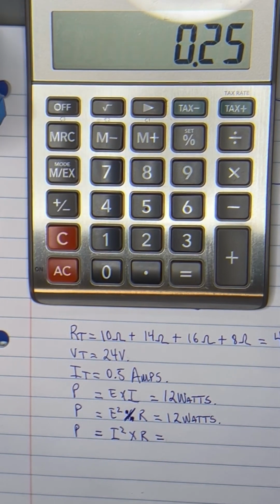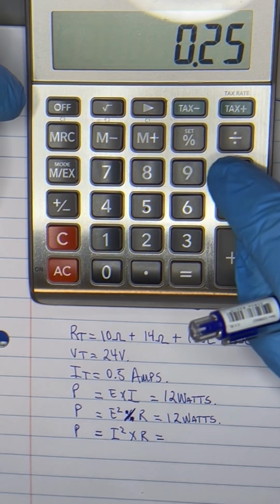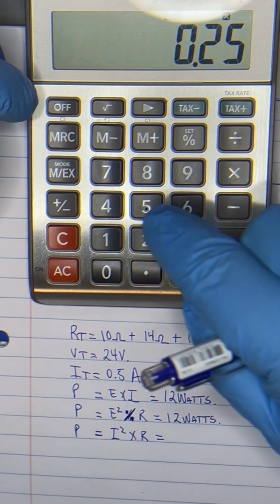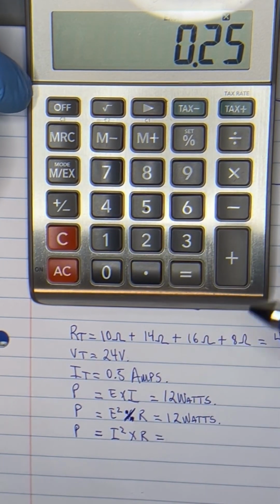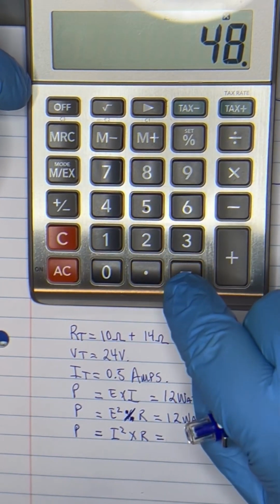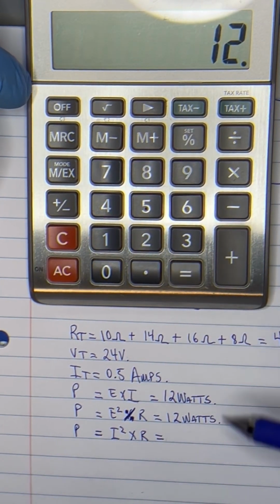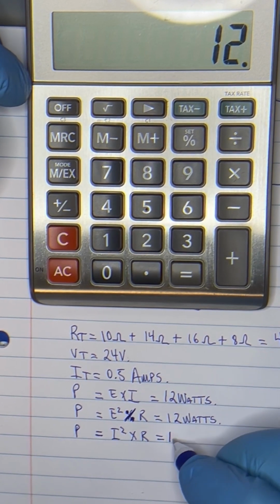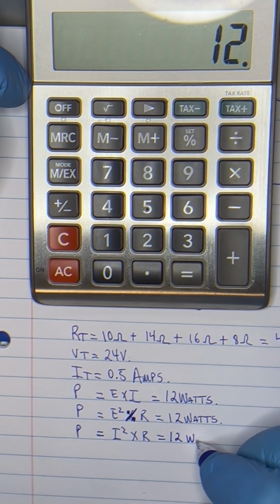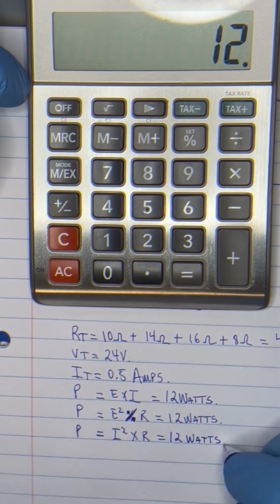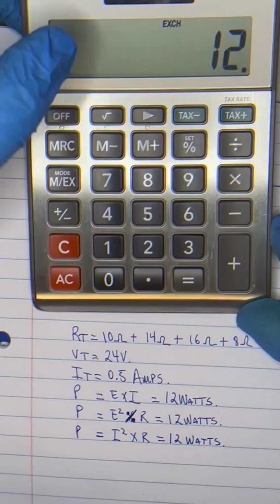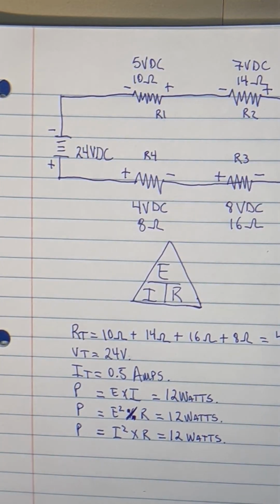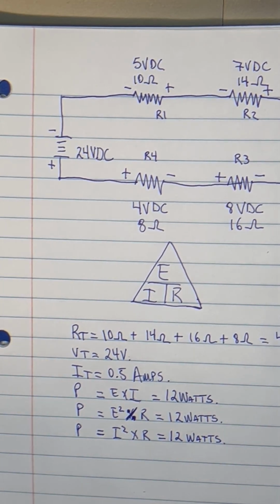So we got 0.25 times resistance total, which is 48 equal, and again we get to the same number. So if you get to the same number, guys, like this, you got the right total.